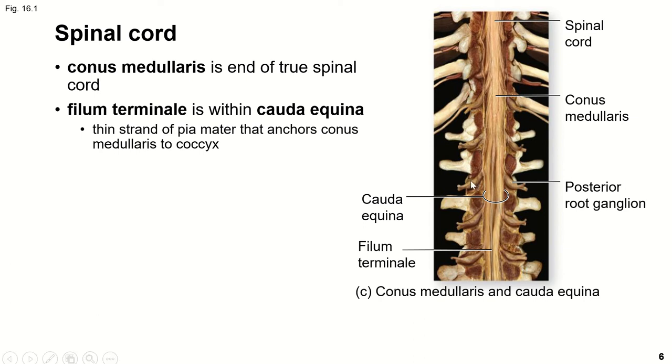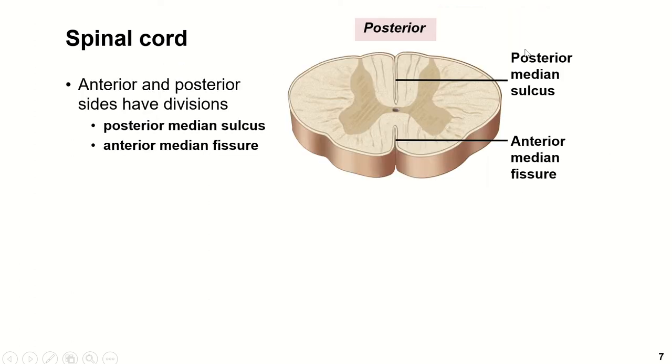So the cauda equina is all of these together. Cauda equina means horsetail, and so this ponytail is going down through those vertebral foramina, that channel, with the filum terminale in the middle.